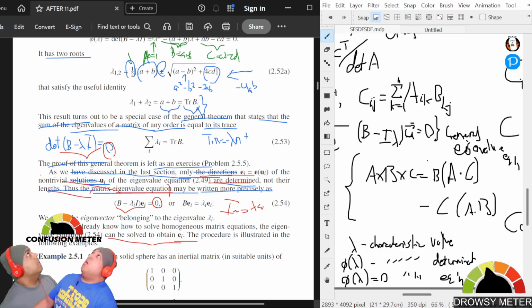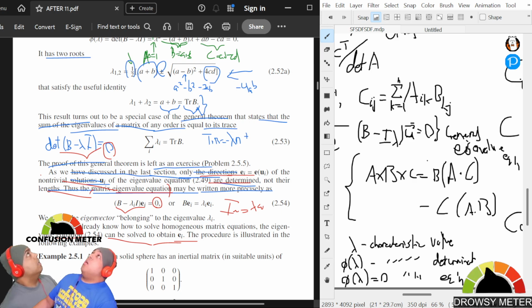So it's misleading to say we're finding u_i, because we're never going to find the length; that's just how homogeneous equations work.